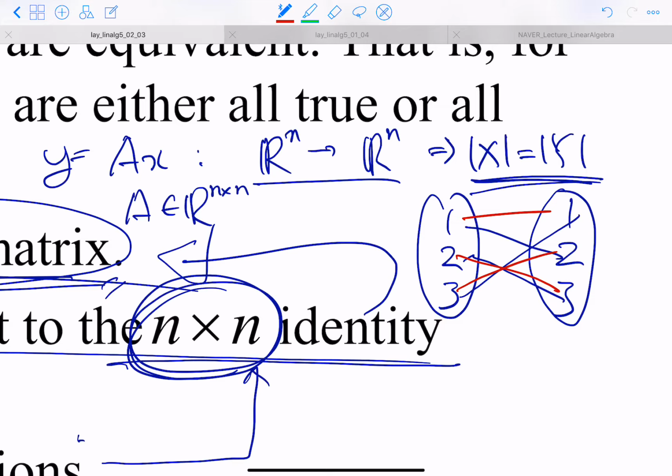But in this case, can we not satisfy onto while satisfying 1-to-1? As we can see, if we satisfy 1-to-1, onto will automatically be satisfied, right? Because of this fact, okay?